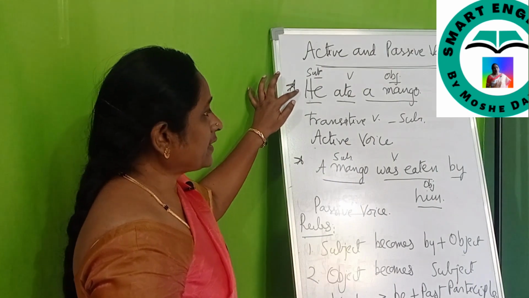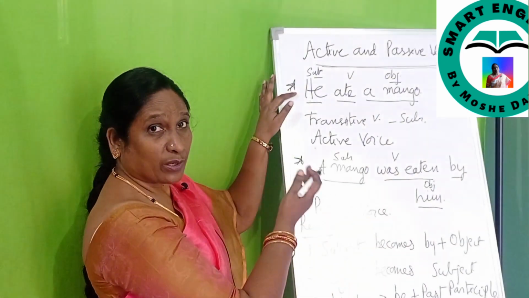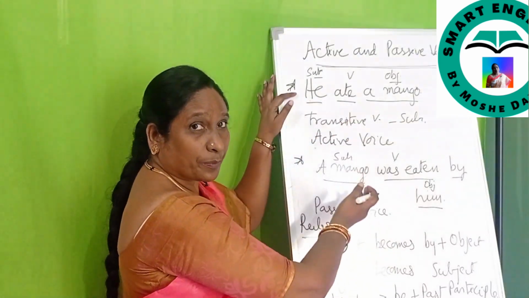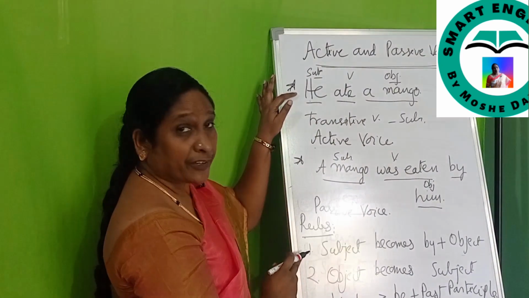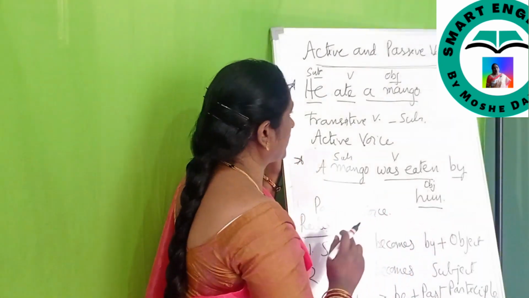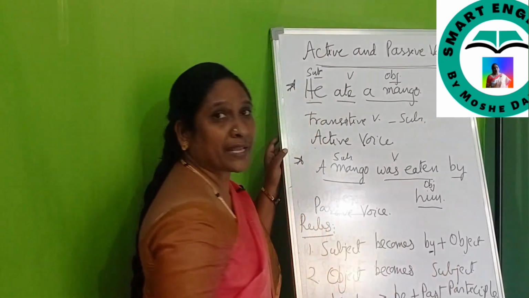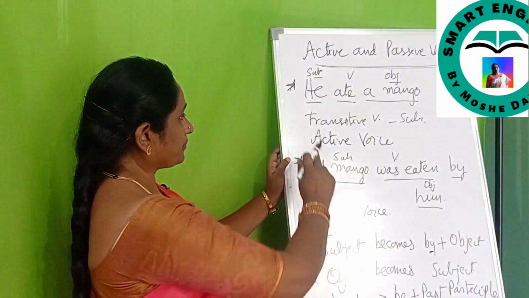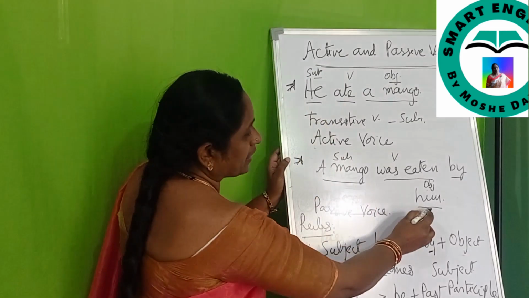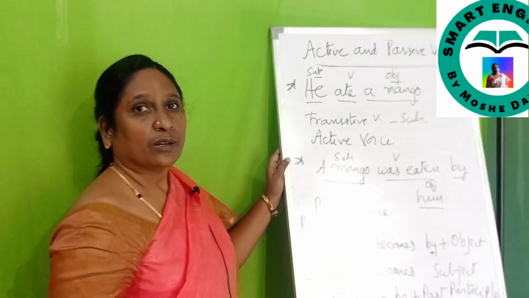So, here in the active voice, while we are changing or transforming the active voice sentence into passive voice, the first rule is subject becomes object, by plus object. See here, this is the subject and it is becoming by plus object.